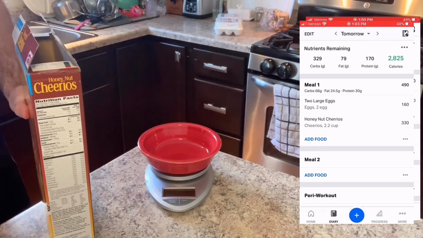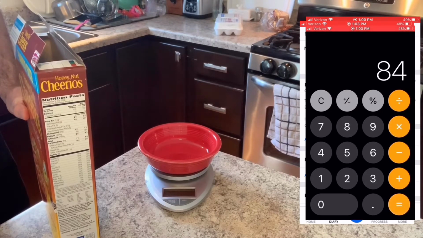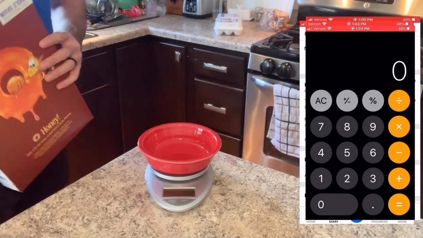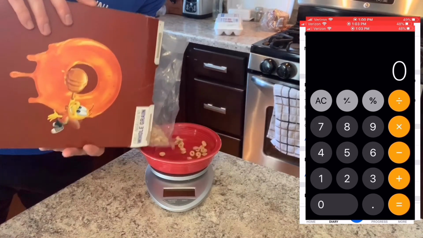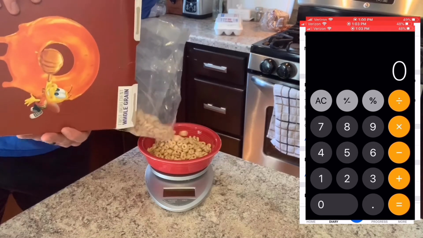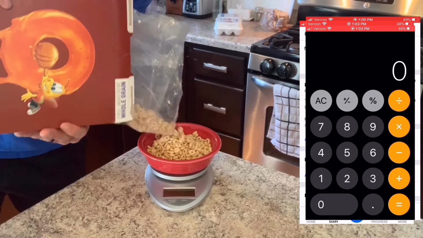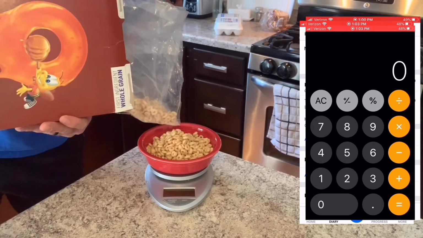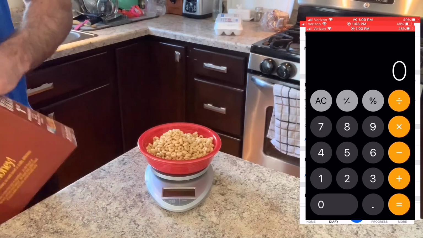Because I'm not good at math, 28 grams times 3 is going to be 84 grams. We're going to pour in. 84 grams.